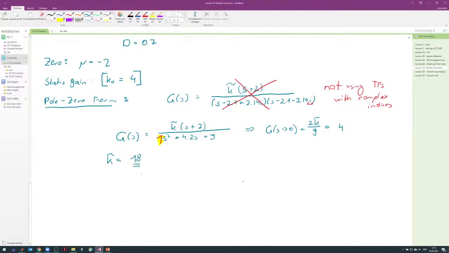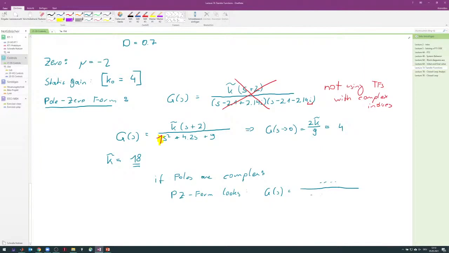Okay, so again, just to sum that up, if the poles are complex, the pole zero form looks the following. G of s is equal, and you have something here, right?